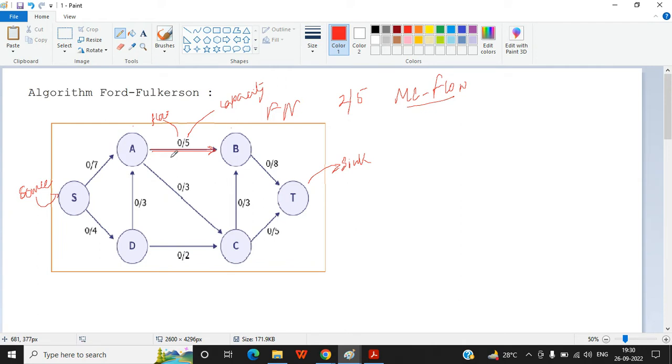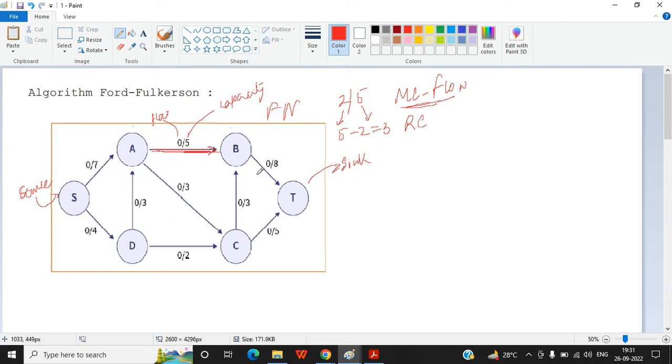Residual capacity is maximum capacity minus flow. If this is the maximum capacity and this is the flow, then 5 minus 2 is 3. So 3 becomes the residual capacity of this edge.